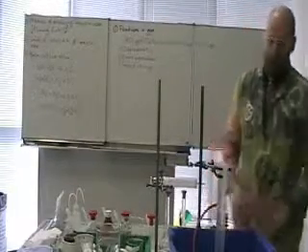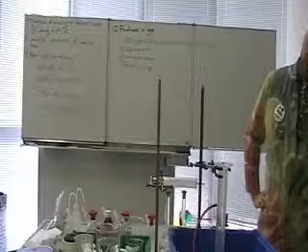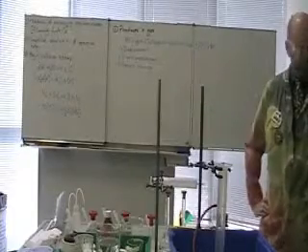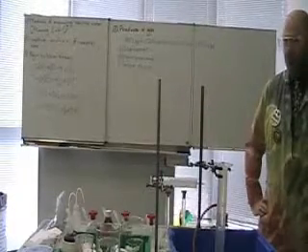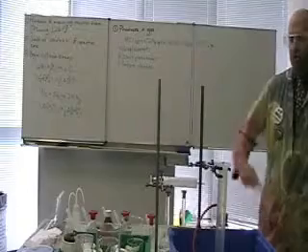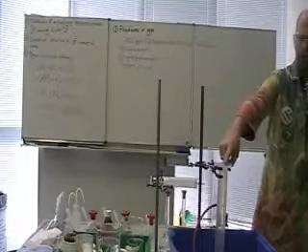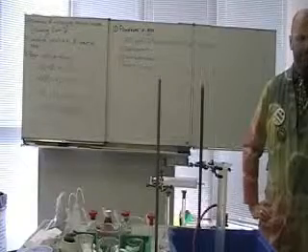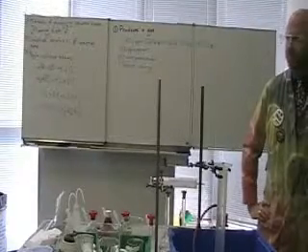Put your stopper on. You see the bubbles going up. You take your volume measurement every whatever time interval you wish, and there you go. And of course, you can change the size of the measuring cylinder based on how much gas you expect to get.